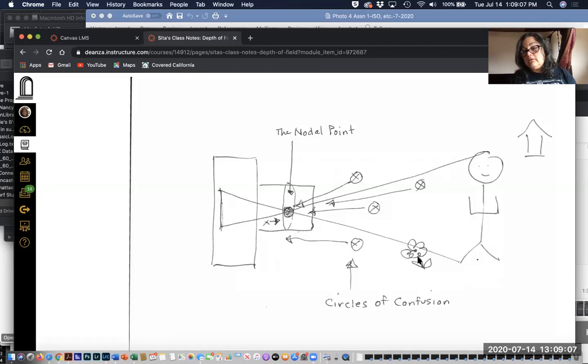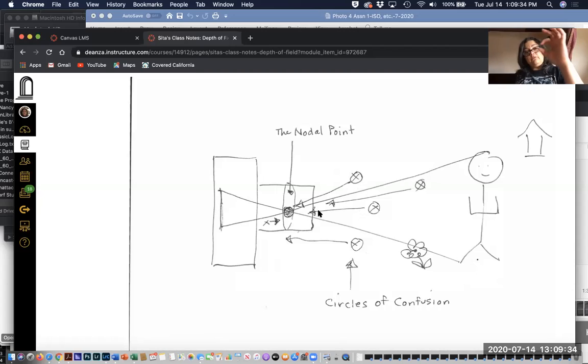Those areas, the flower and the building, focus at different points. Because they are at different distances from the lens, they are focused at different points as well. And those points, called circles of confusion, it's a great name, isn't it?